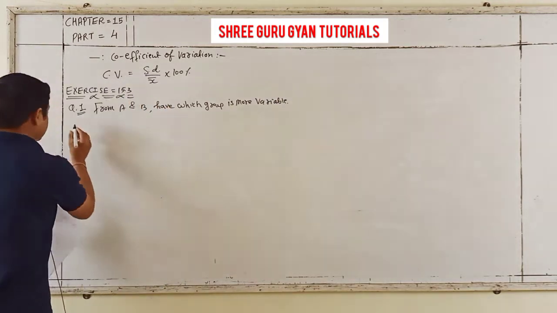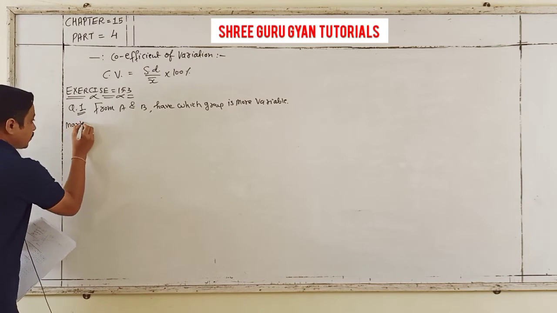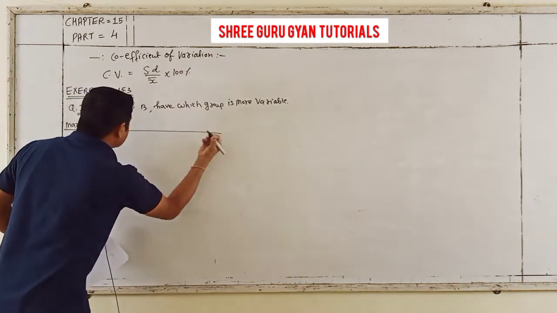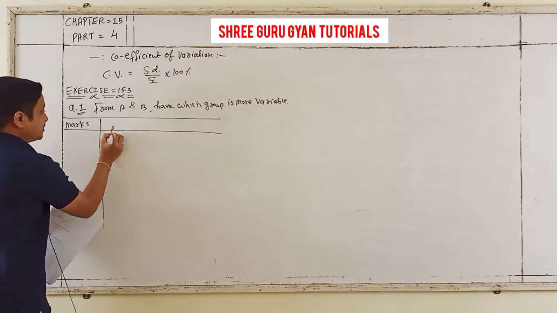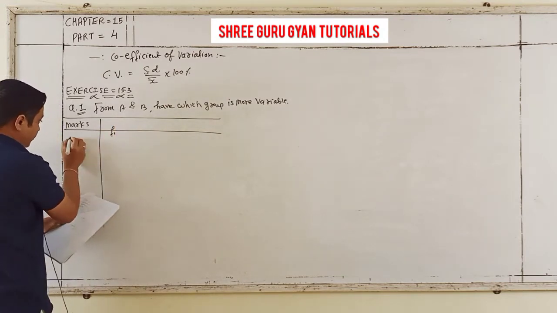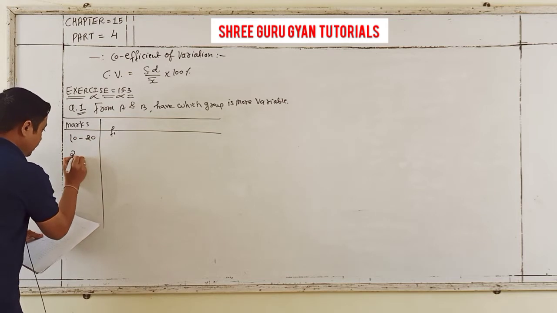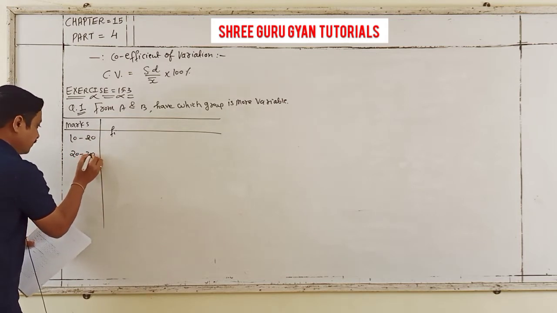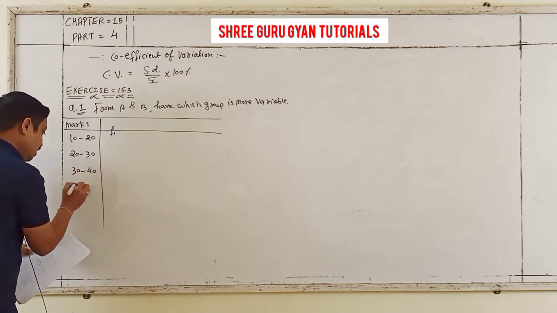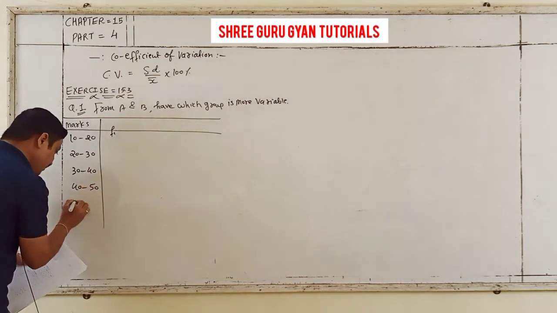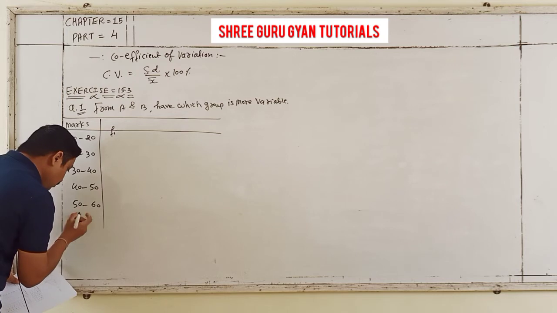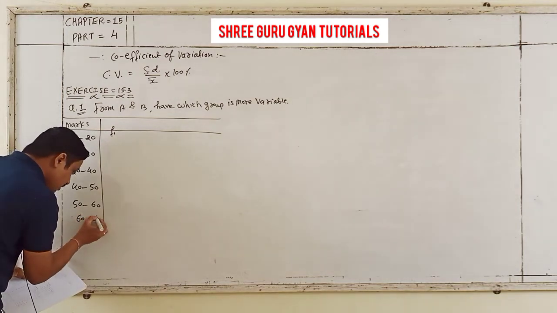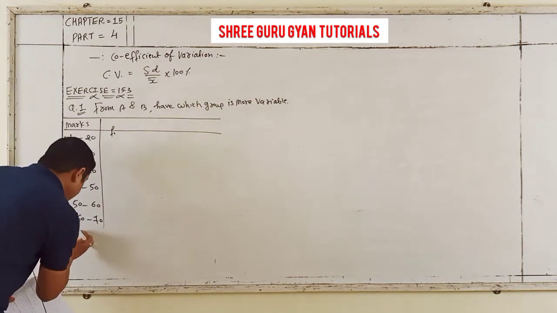I will start first with the marks in group A. Group A has the frequency given and the marks are given: 10 to 20, 20 to 30, 30 to 40, 40 to 50, 50 to 60, 60 to 70, and 70 to 80.